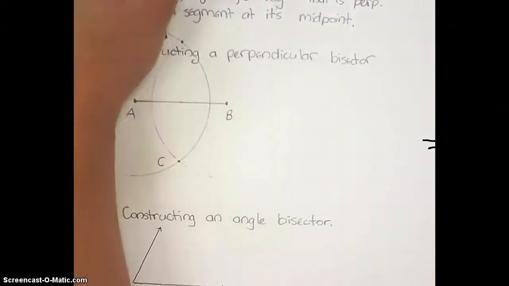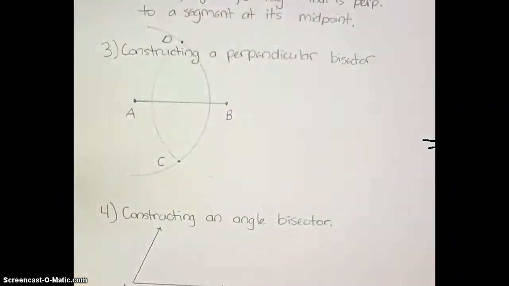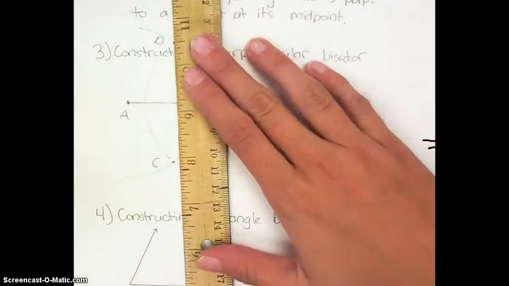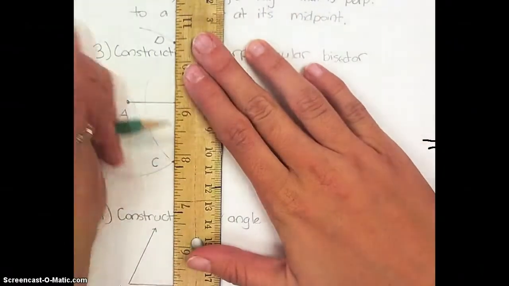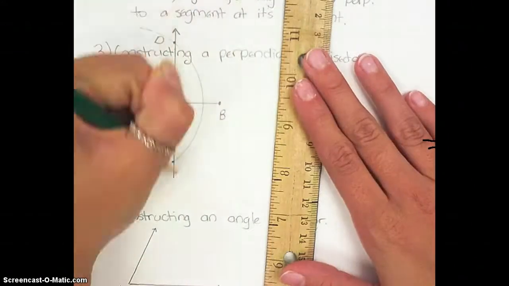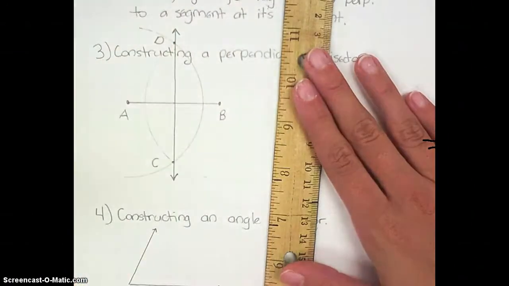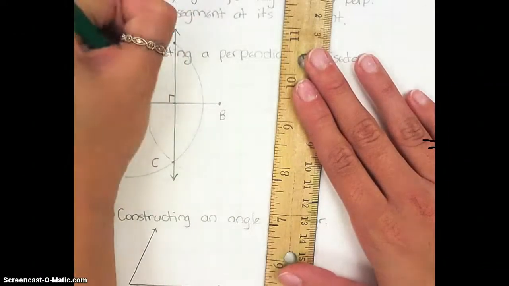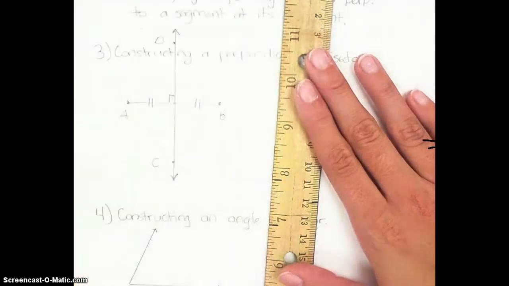We'll label those point C and point D. Those 2 points are on the perpendicular bisector of segment AB. So if we connect those 2 points, then we have the perpendicular bisector of AB. So this line is both perpendicular to and bisects AB.